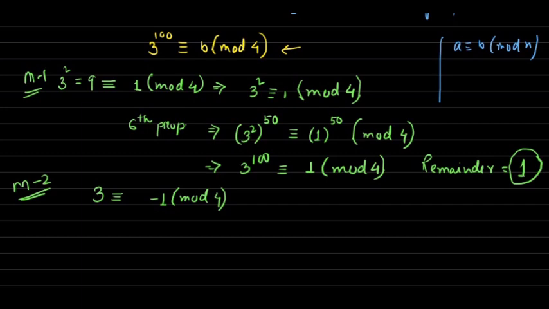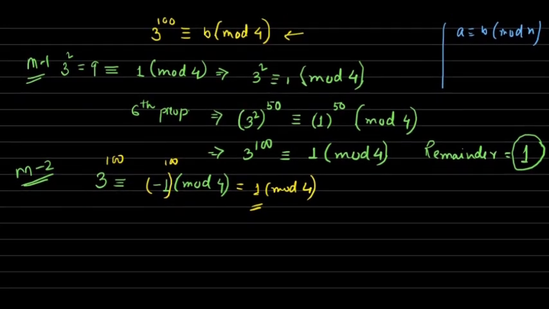So let's again do similar stuff. By the sixth property we can write 3 to the power 100 is congruent to (minus 1) raised to the power 100. That will give me again 1. It will give me 1 mod 4. That means 1 is the remainder. Okay, we can do it like this.